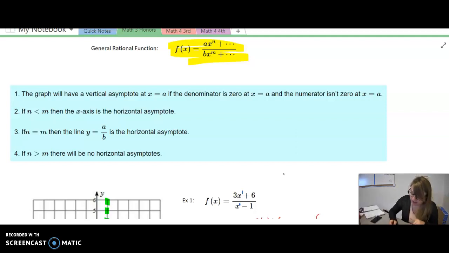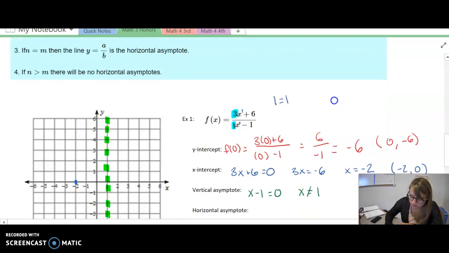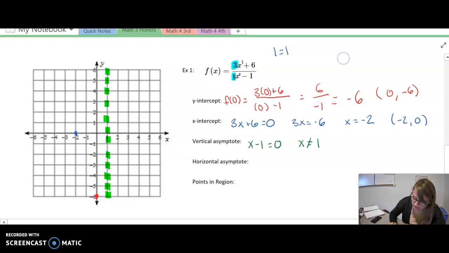Well, n and m equal each other because 1 equals 1, so a over b is going to be the asymptote. a and b are the coefficients of x. So we have 3 over our 1, and that 1 is implied because 1 times anything is itself. So we can go back to here and say that n equals m.